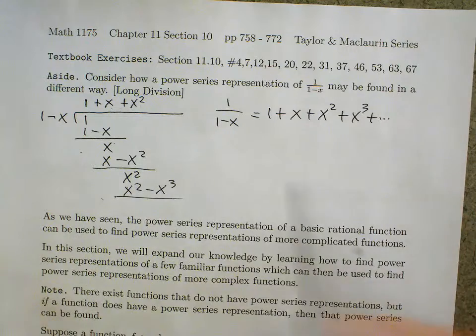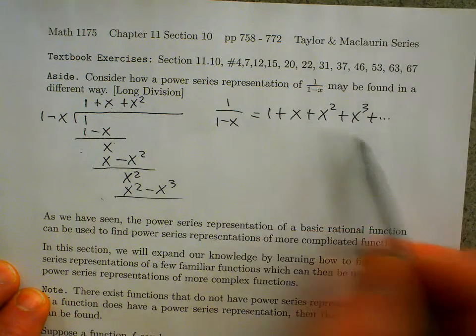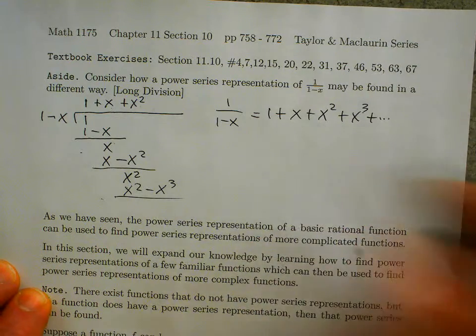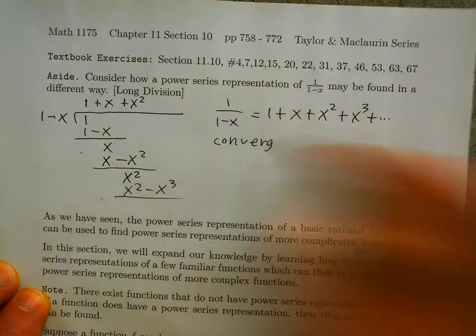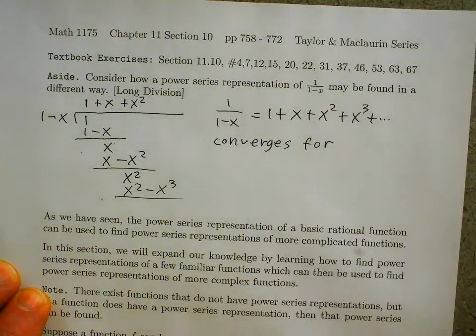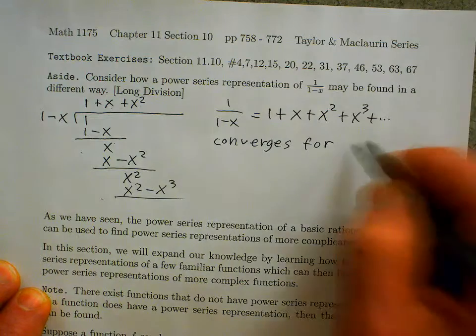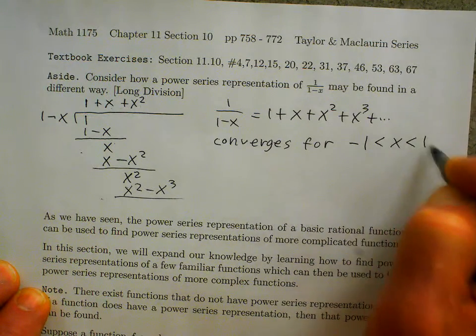Of course, we do have only certain x values that work. This series converges only when x is between negative 1 and 1. So negative 1 is less than x, which is less than 1.